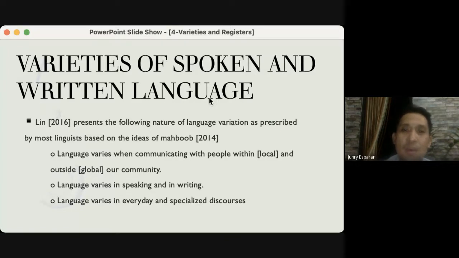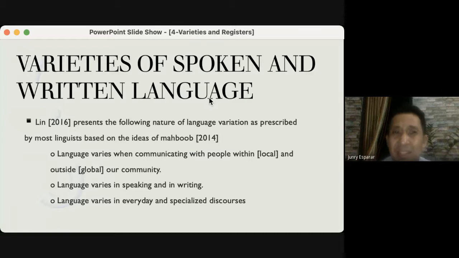When we speak, it's different because the listener will be able to send feedback if they don't understand you. However, in writing, there's no one to ask. For example, if you don't understand the statement, what does the writer or the author mean when he says this?